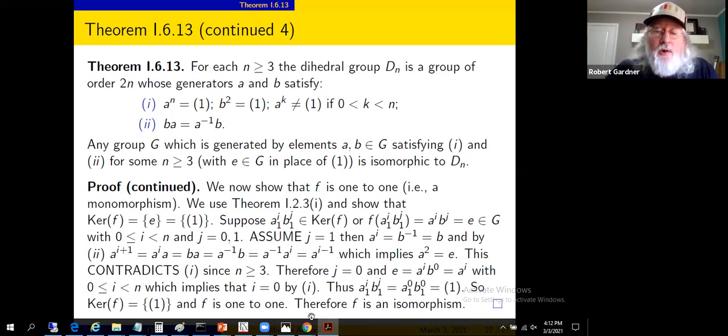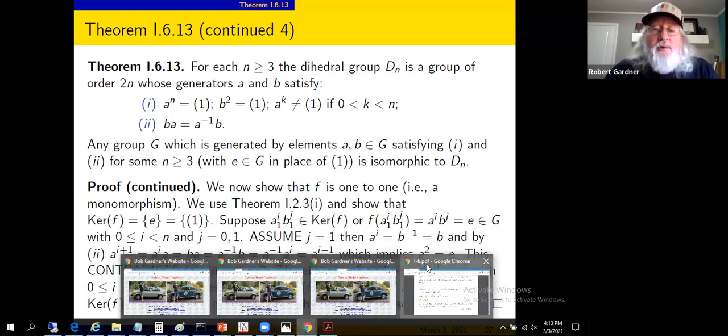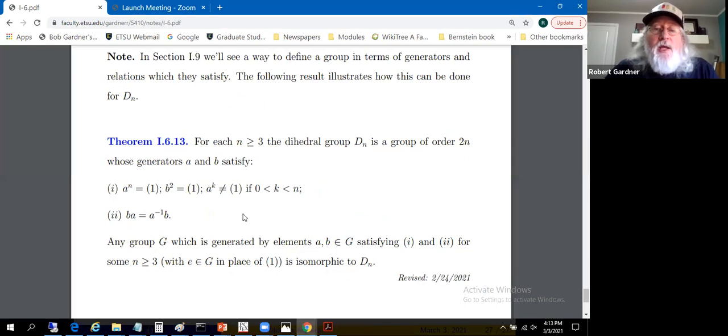In other words, go back to the notes because they're there. If you have a group generated by 2 elements that satisfy these conditions, that group is isomorphic to the dihedral group. So these 2 generators and these equations relating those generators to each other uniquely determine the dihedral group. That's an example of a group presentation, as we'll see later on.